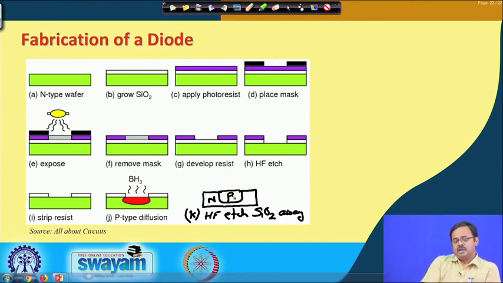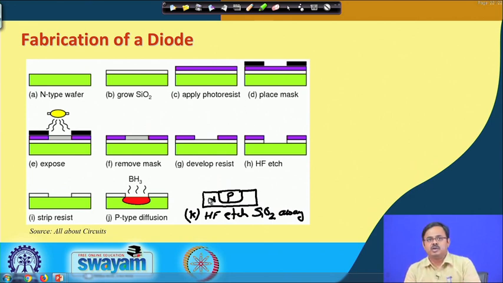Now, think about it. Can you do this again? Now, you have a p-n junction. Can I have, inside the p region, another n region? Yeah, why not? We will again go exactly by the same process, except the mask dimensions and mask pattern have to be different, but everything else is just the same.